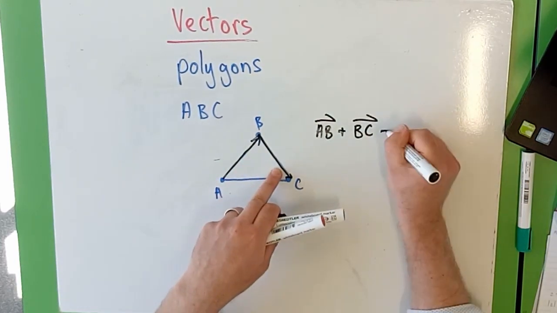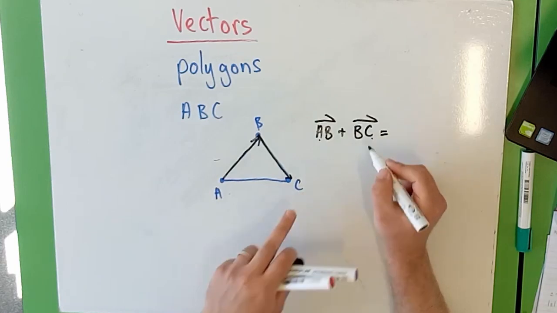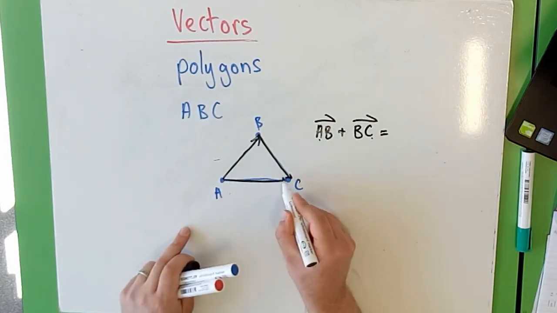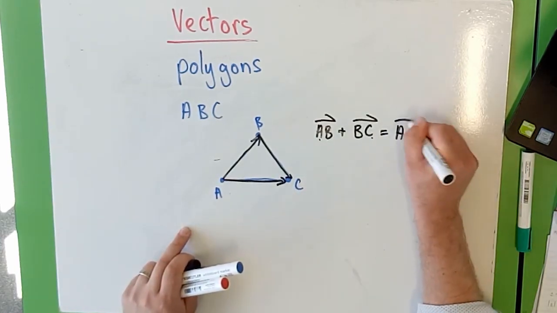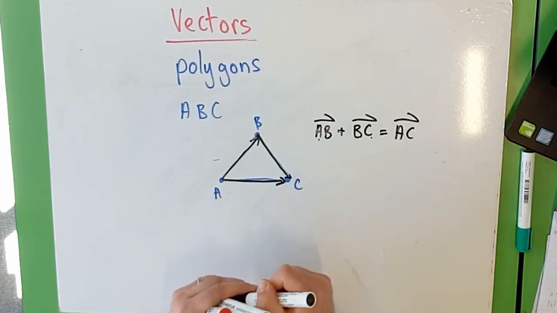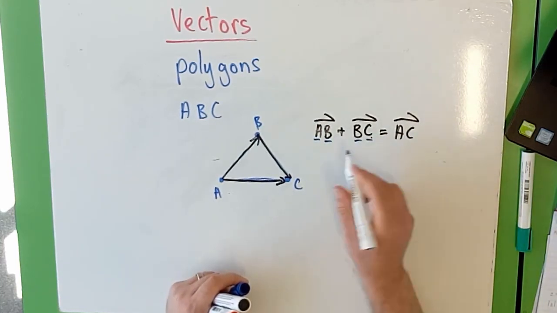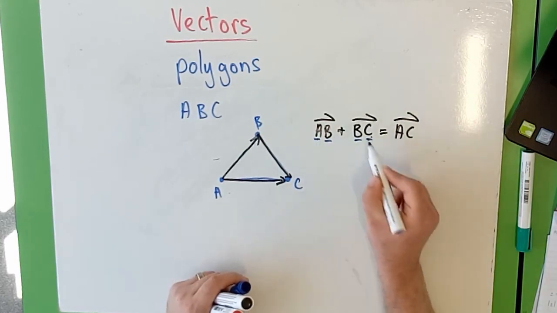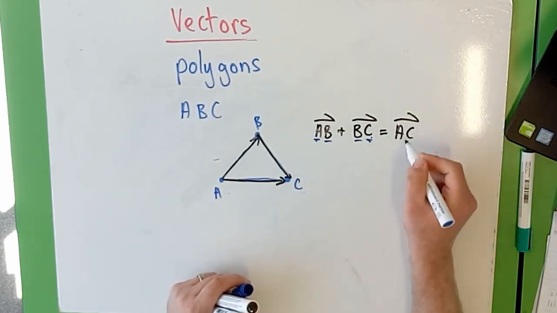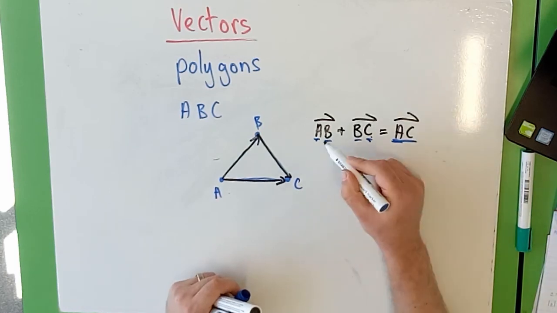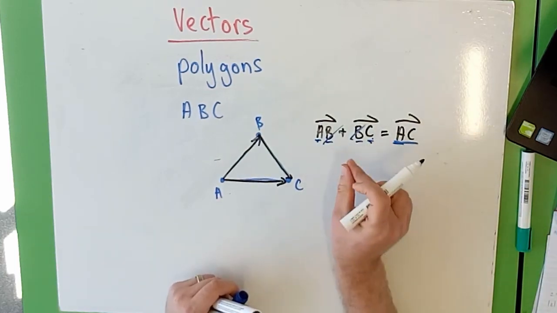That's going to be the same as going from A to C. So that's this vector here. This is a nice notation because going from A to B, then from B to C is the same as going from A to C. It's like cancelling out these middle ones and putting those vectors together.